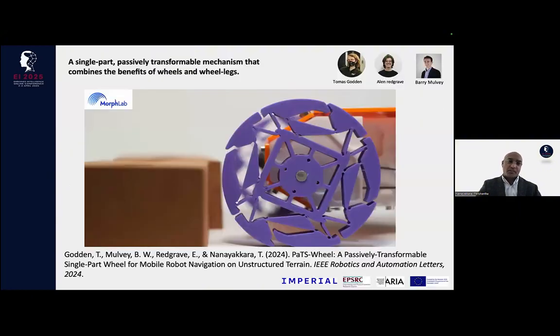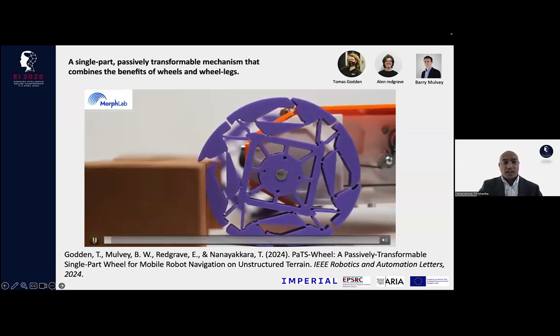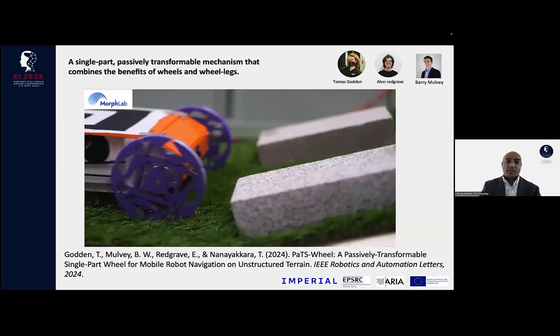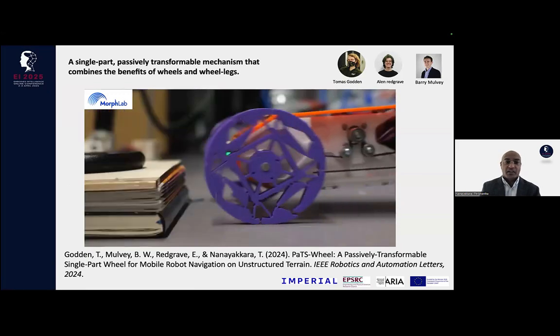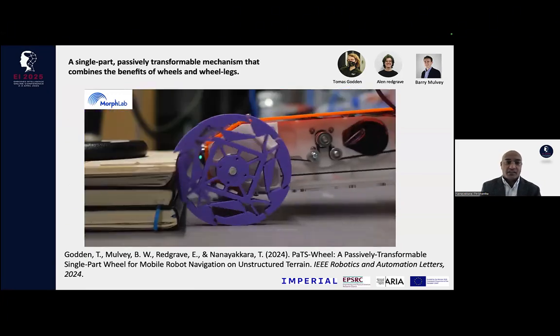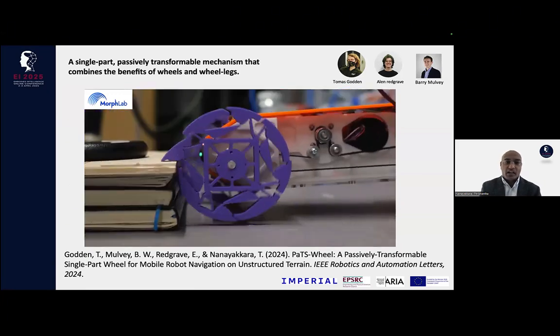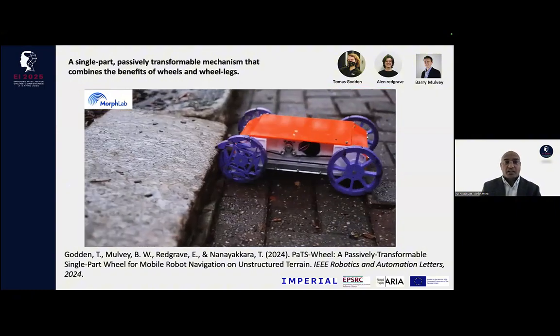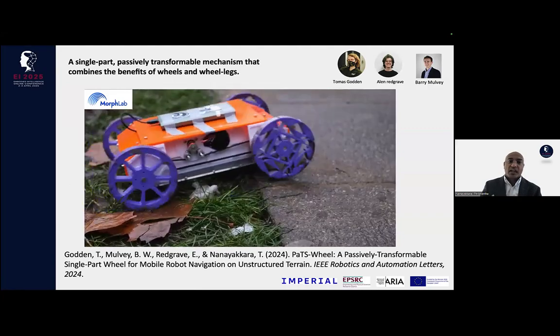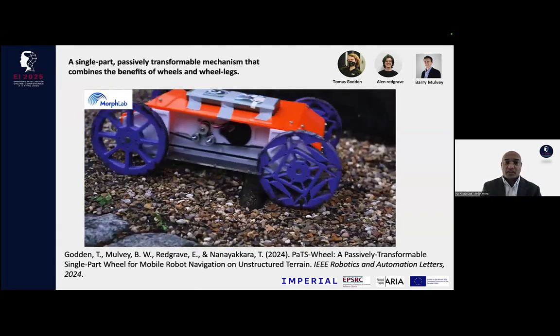So I'll give you some examples of how these Gauss circuits are used in various applications in my lab. So this is one example. This wheel is just a simple wheel. It doesn't have any sensors or any control at all. It just collides with things, and then the hook emerges, and then it hooks onto those things, and climbs those obstacles.